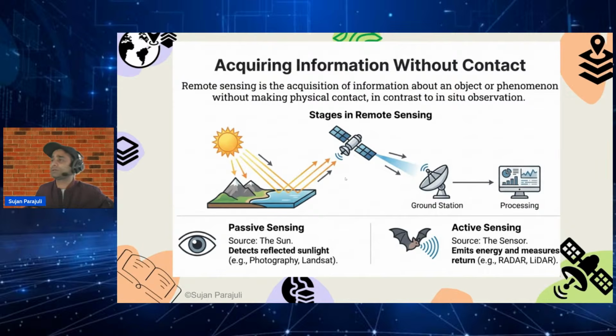So in this graph, the remote sensing sensor takes information from the reflected energy and stores it, and then that information is transferred to the ground station, and from the ground station the information is used for application purposes.